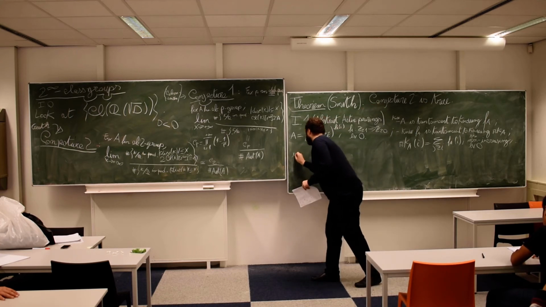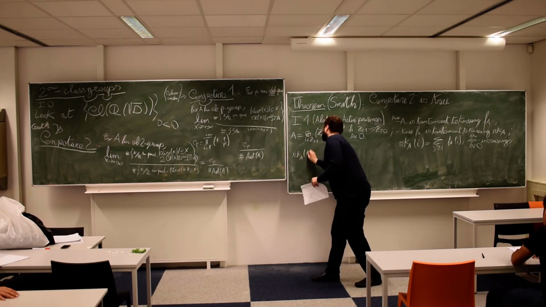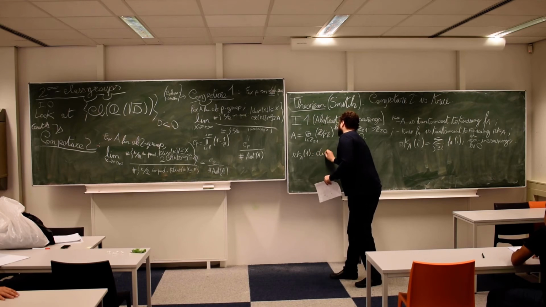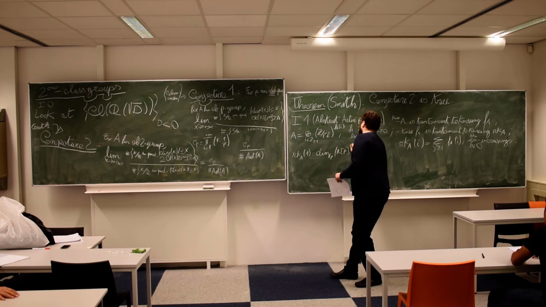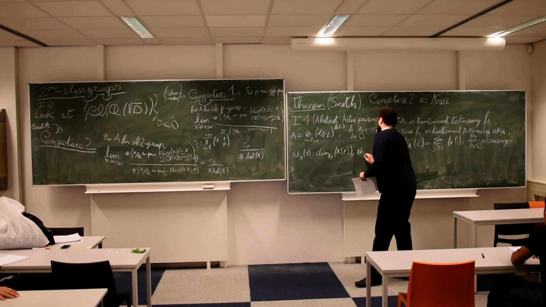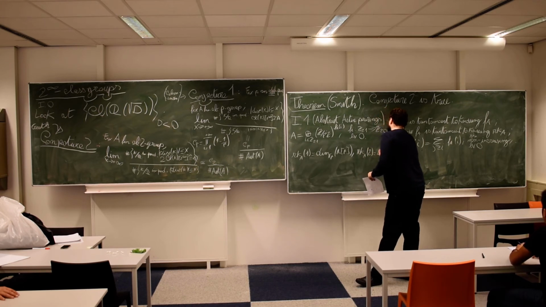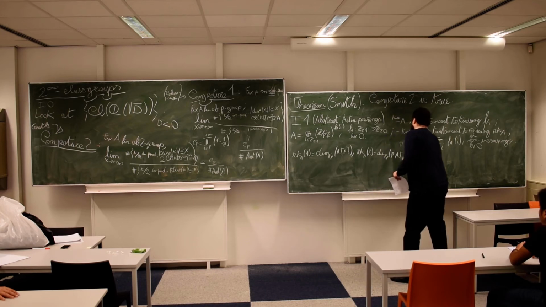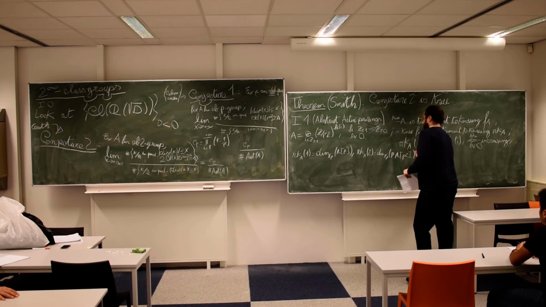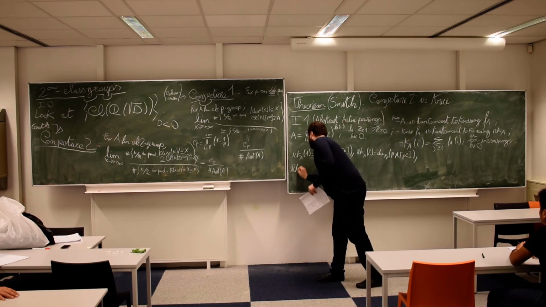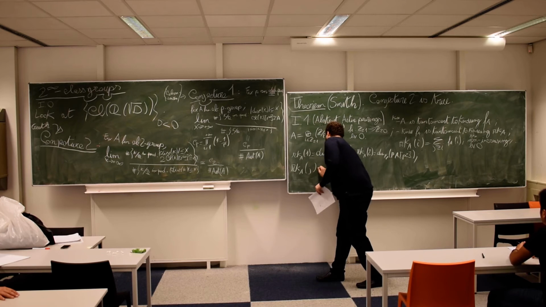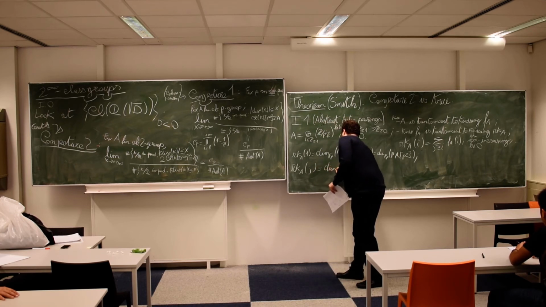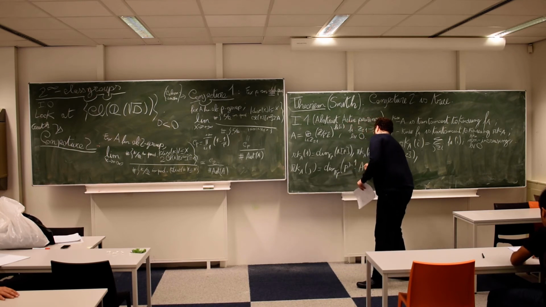So let me write a bit of formulas. rank_A(1) is the dimension over F_p of A[p]. rank_A(2) is the dimension over F_p of pA[p^2]. And in general, rank_A(j) is the dimension over F_p of p^(j-1)A[p^j].